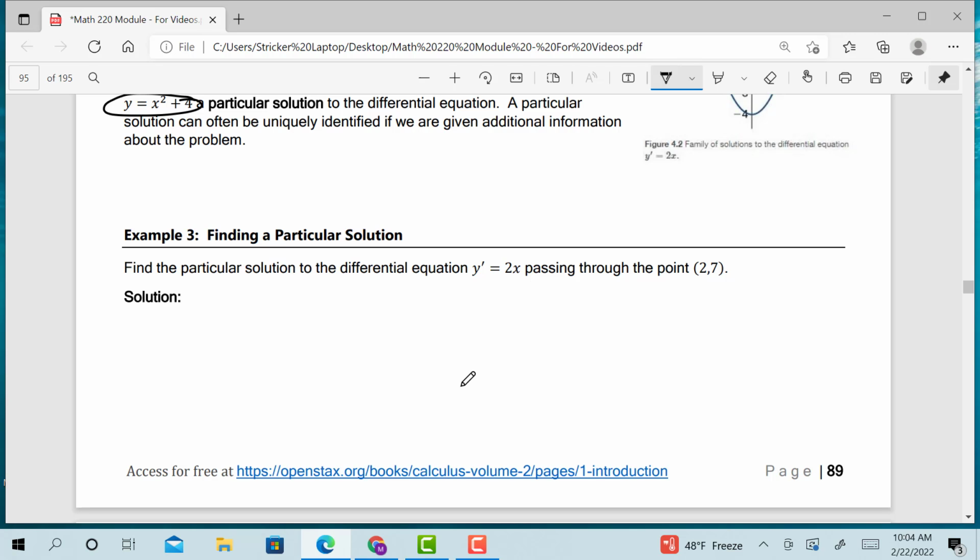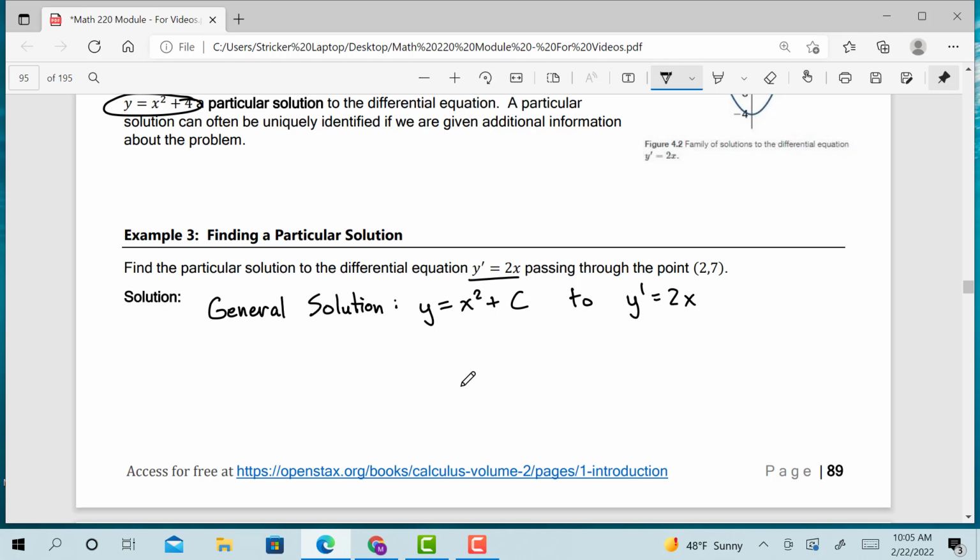Now we saw in our discussion above that the general solution to y prime equals 2x is y equals x squared plus c. That is a general solution to y prime equals 2x.